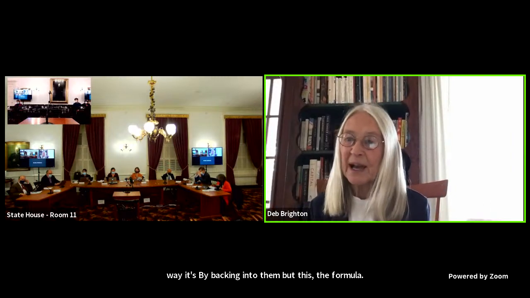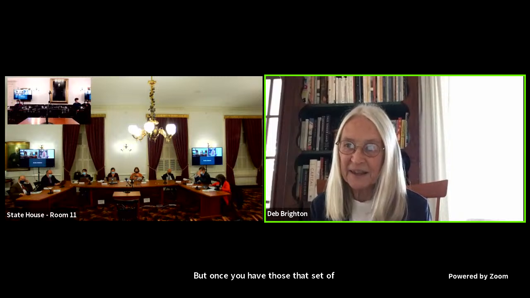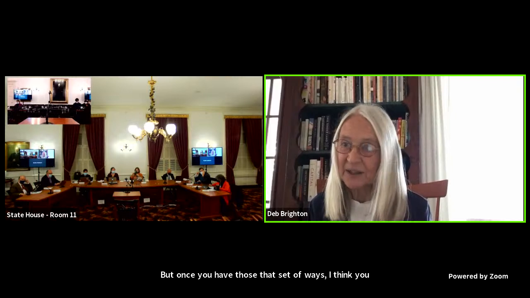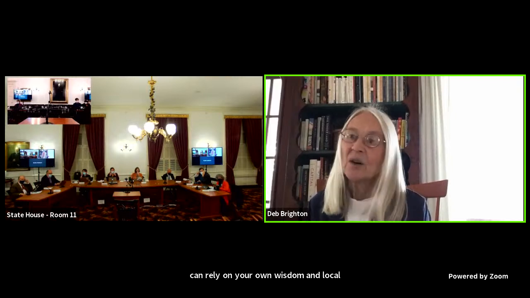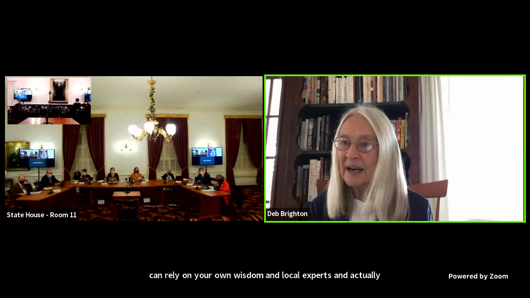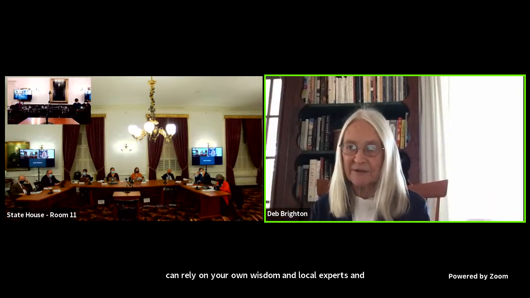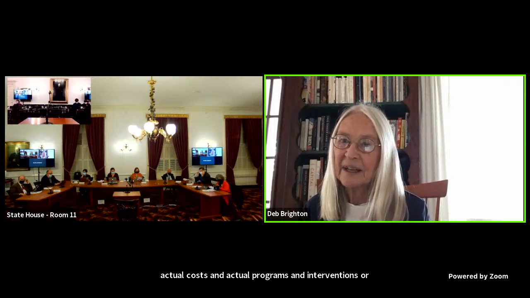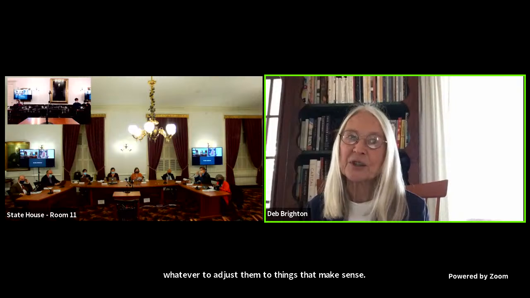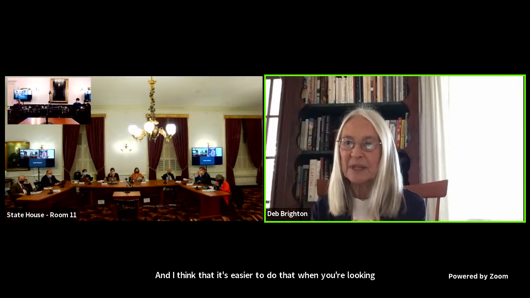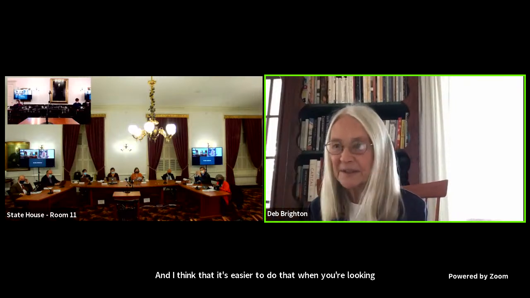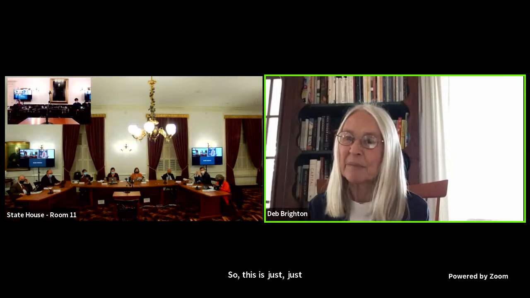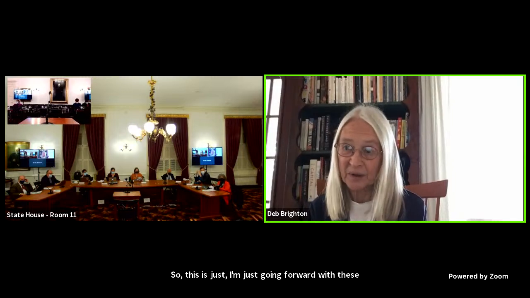But once you have that set of weights, I think you can rely on your own wisdom and local experts and actual costs and actual programs and interventions to adjust them to things that make sense. And I think it's easier to do that when you're looking at them as something other than a 0.36. So I'm just going forward with these comparisons, assuming that these are the correct weights.